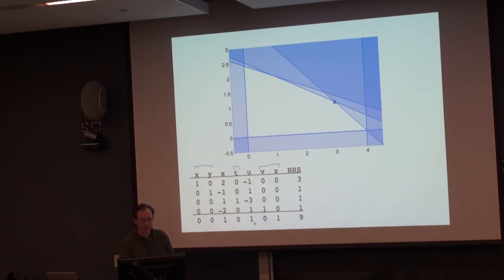And now if you look at s and u, we're at an objective value of 9 right now. If we look at s and u, both of them would hurt if we put them into our tableau. And so that means that we're done, right? Since the objective vector is that way, we've moved as far as we can in that direction, right? So that's the simplex algorithm in pictures, okay?